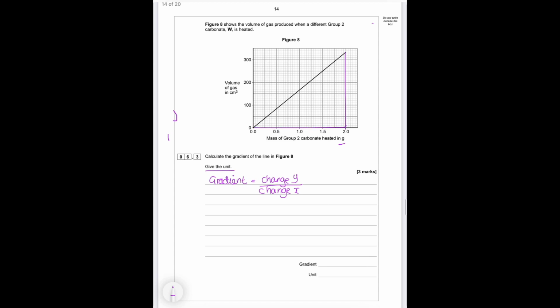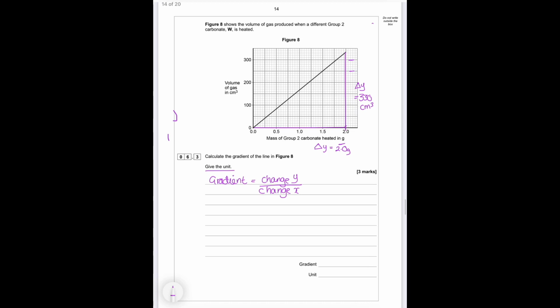Now, the change in y, if we look here, up to there we've got 300, and because we can see that every 5 small squares is 50, that means one small square has to be 10. So if we're going up from 0 to here, our change in y is 330 centimeters cubed. And because we've gone along to the 2 grams here, our change in x is 2.0 grams.